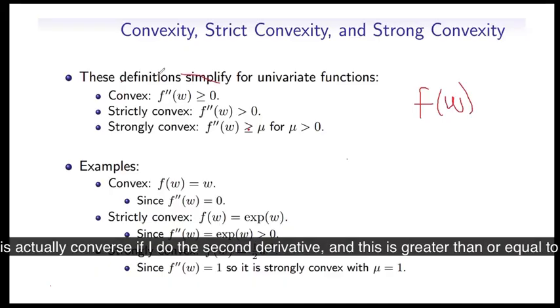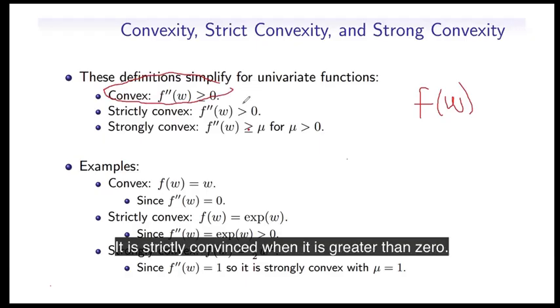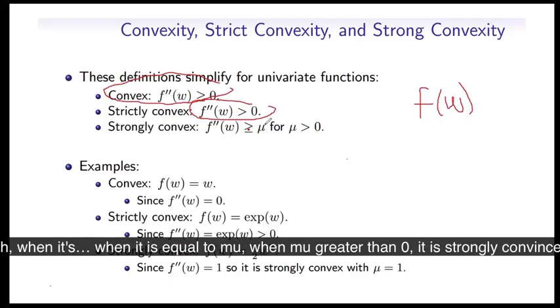It is convex if the second derivative is greater or equal to zero. It is strictly convex when it is greater than zero, and when it is greater or equal to mu, where mu is greater than zero, it is strongly convex.